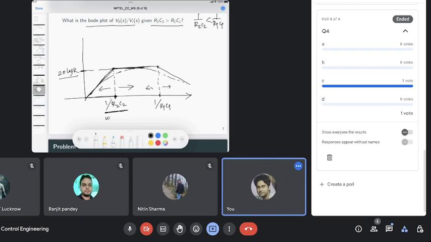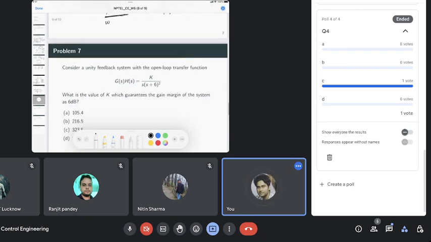So this is just an approximate value of 20 log k as given by the asymptotes. Okay, then we move to the next question.